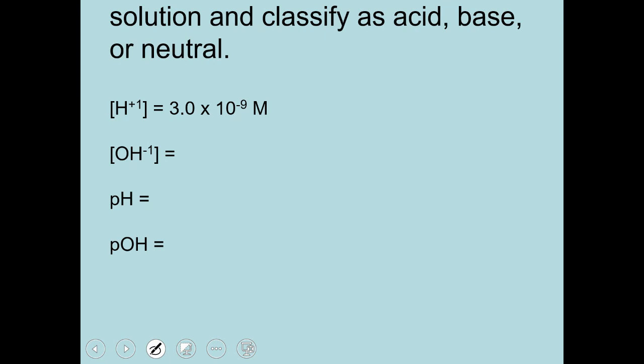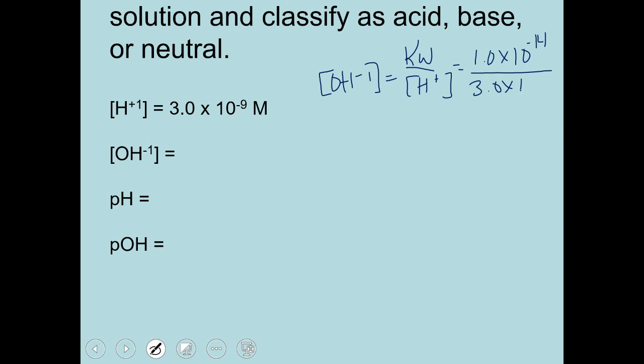Here we learned earlier that if we want the hydroxide, we take the Kw divided by the hydrogen. So I'm going to take the Kw, which is always this number, it's a constant, and divide by the hydrogen to get the hydroxide answer.